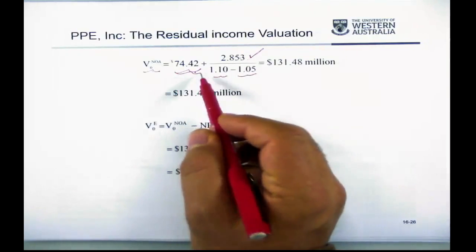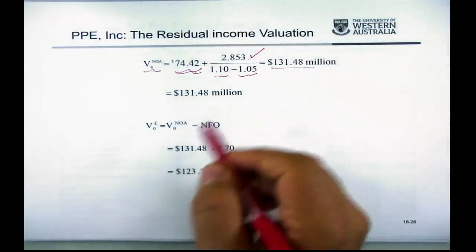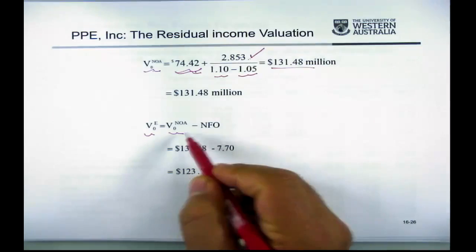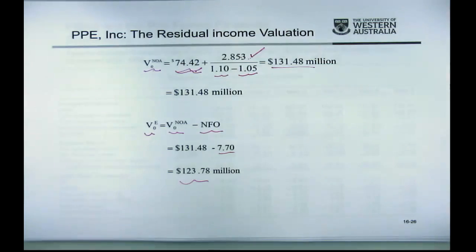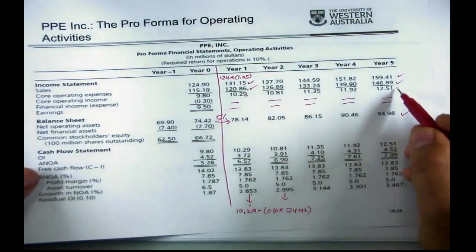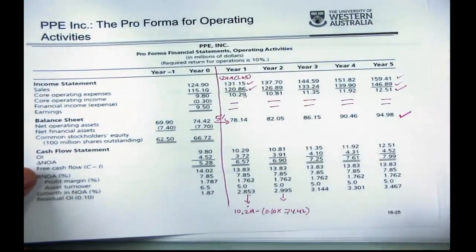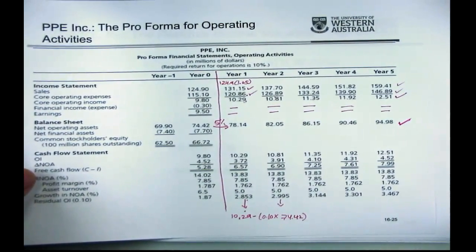We add it to the initial book value of net operating assets. We get the value of the FAM. Then the value of equity is equal to the value of the FAM minus NFO. So this is the value of equity. Make sense? So again, forecasting the operating income and the net operating assets is enough to value the FAM and its equity. Make sense?